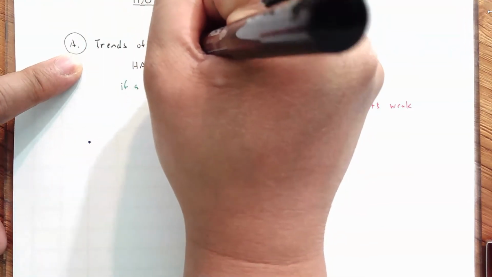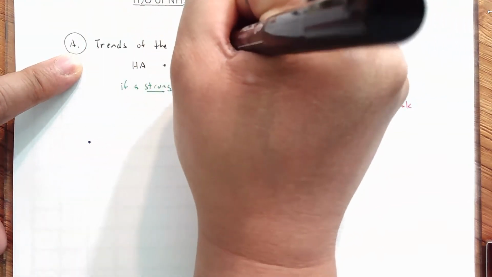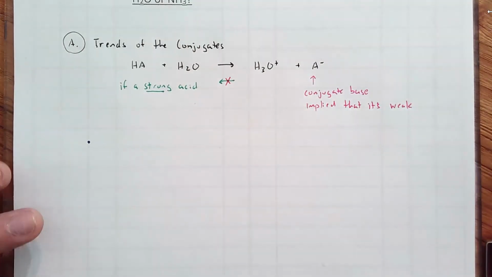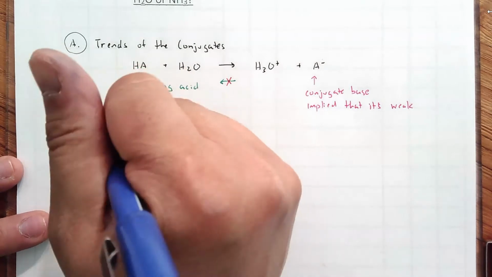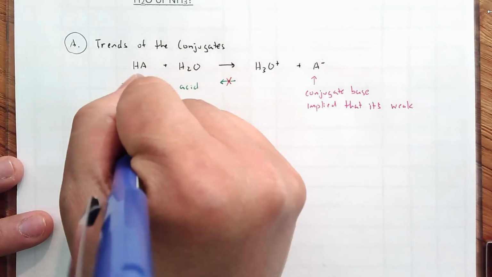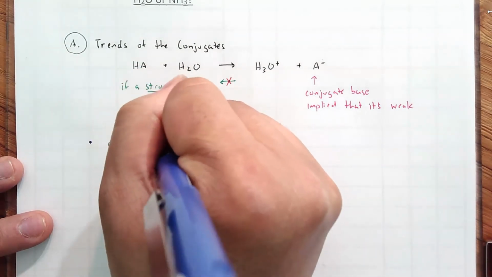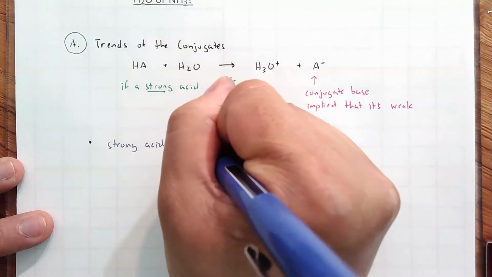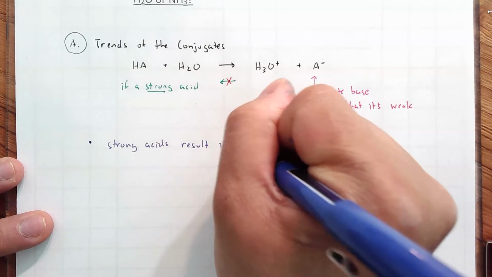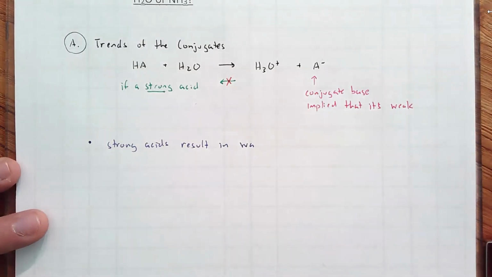How about that? This is our first trend. Strong acids result in weak conjugate bases.